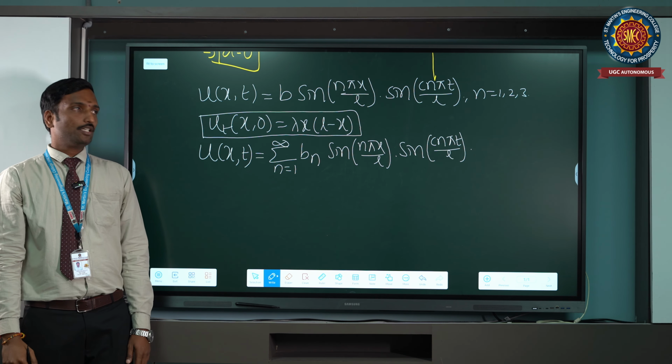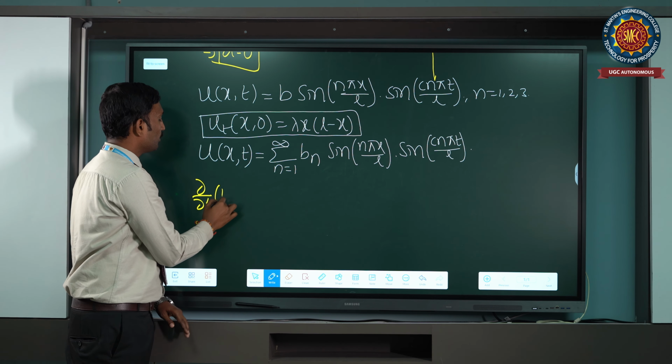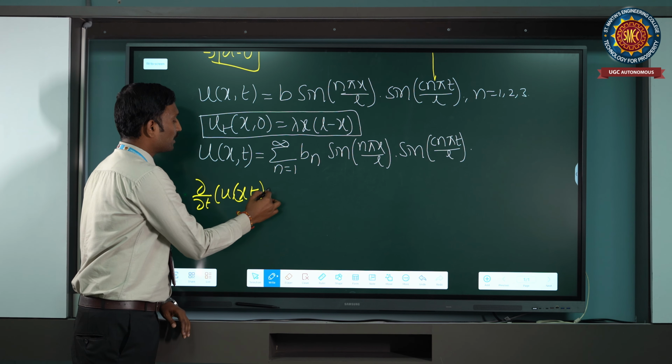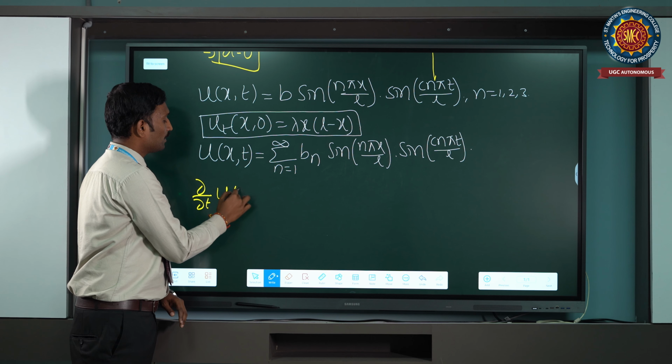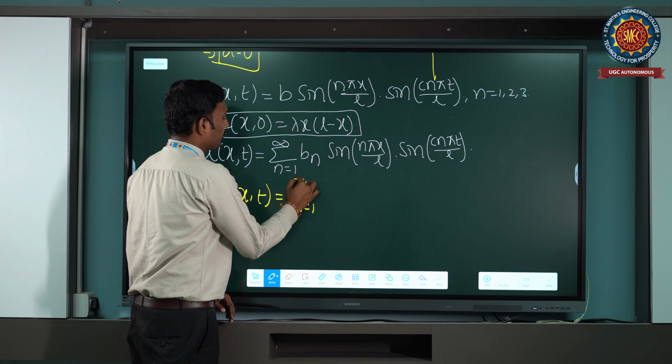Now apply the derivative to this equation, that is dou by dou t of u of x comma t. U of x comma t is equal to summation n is equal to 1 to infinity bn.